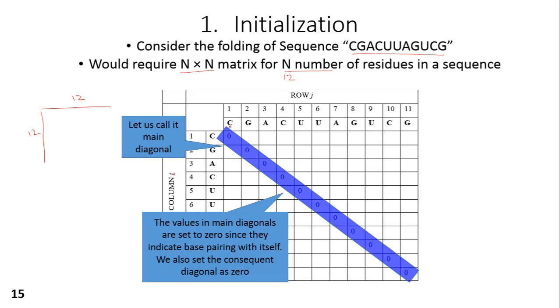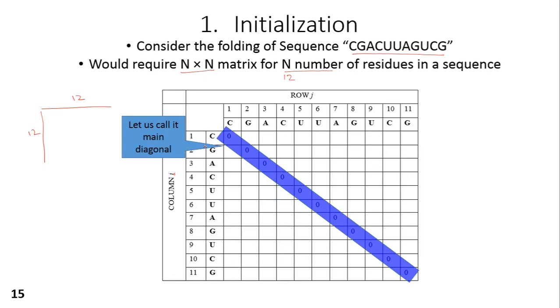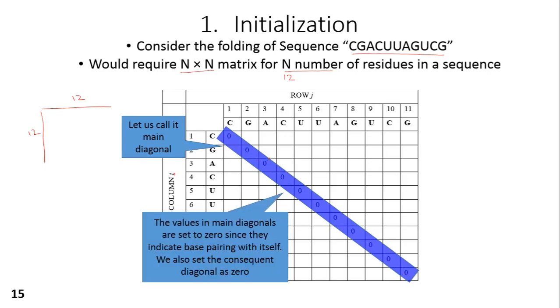Look, we have the same sequence written across and the same sequence written on the left hand side. Whatever boxes are present on the main diagonal, these boxes represent the comparison of a residue with itself, that would correspond to, say, the C being base paired with the same C.